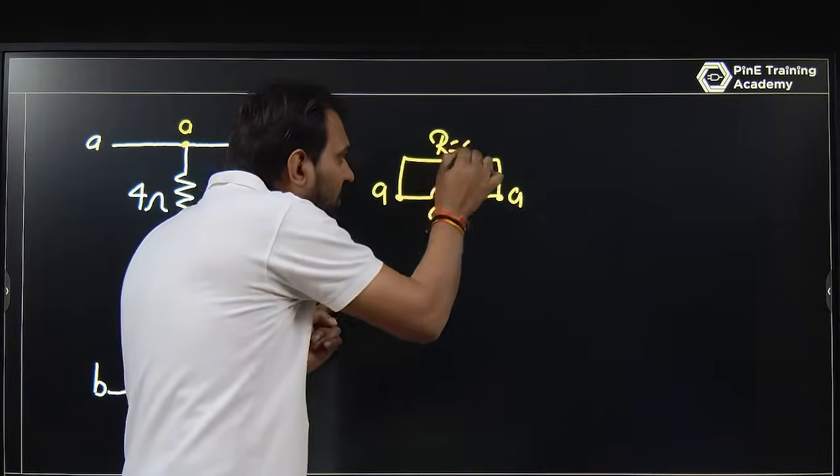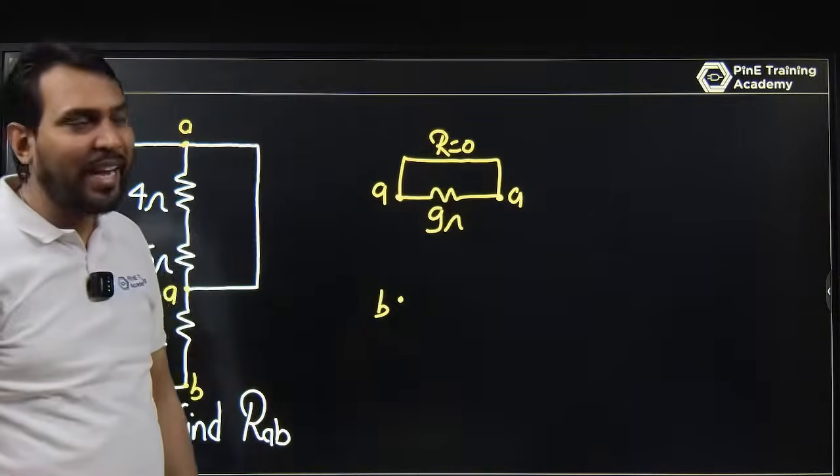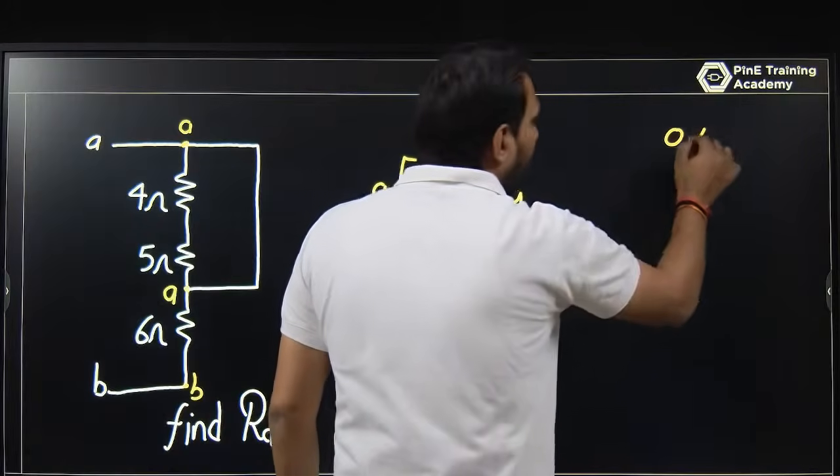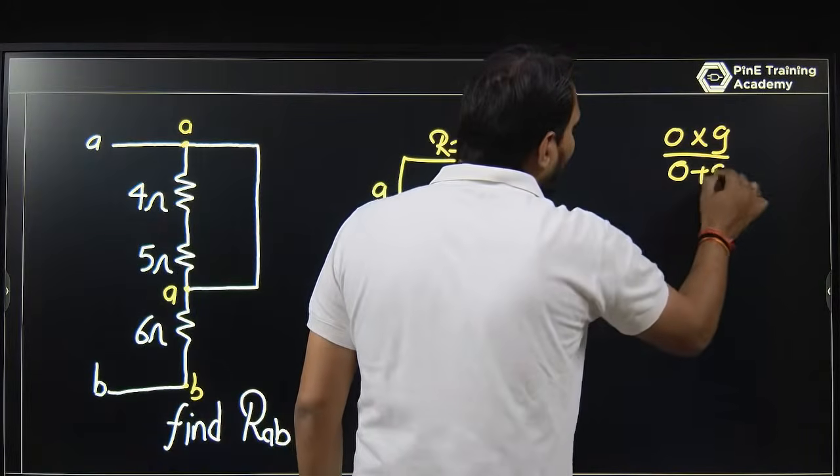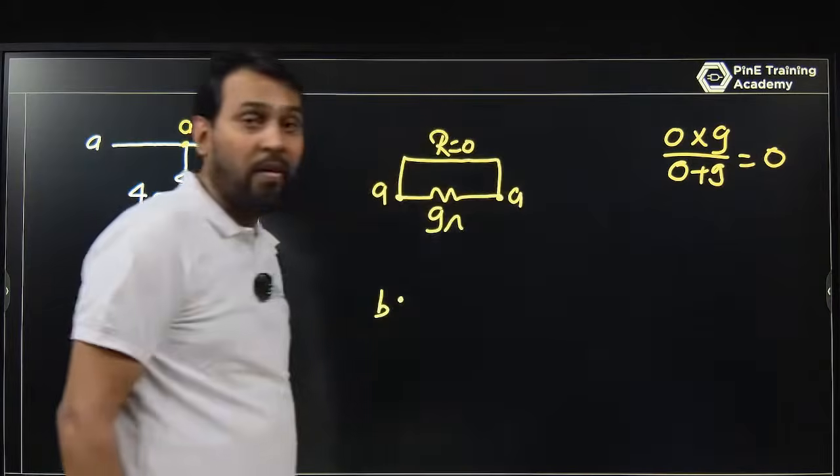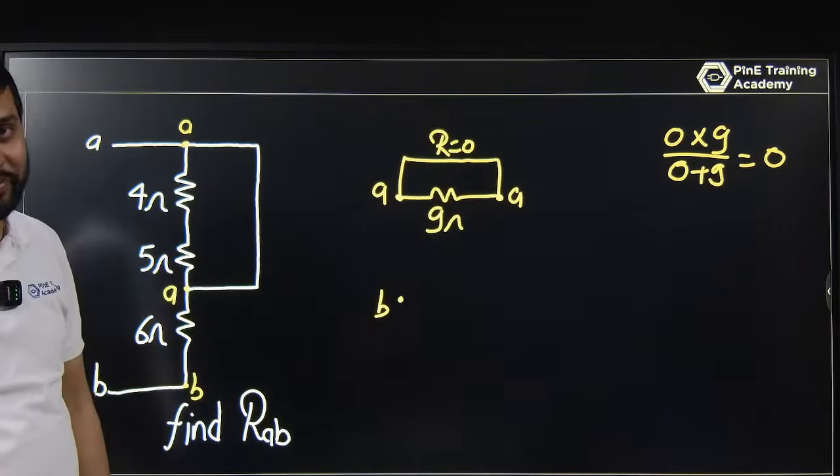That is 0. 0 and 9 are in parallel: 0 into 9 upon 0 plus 9. The impedance is 0.